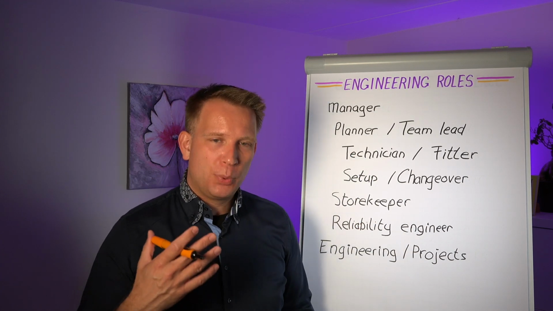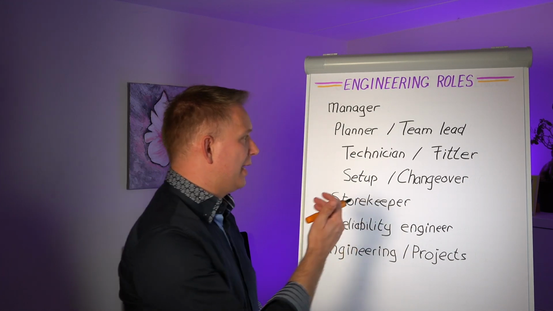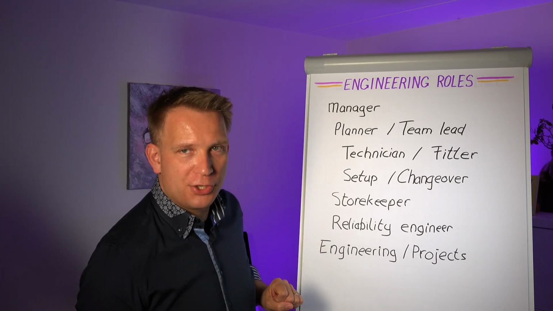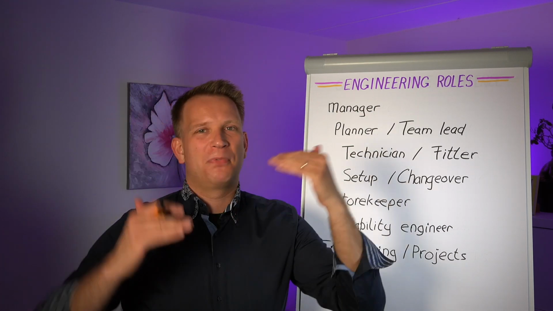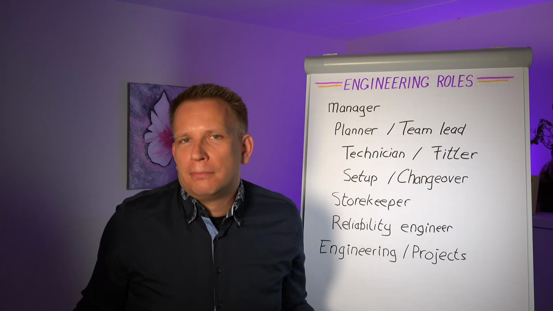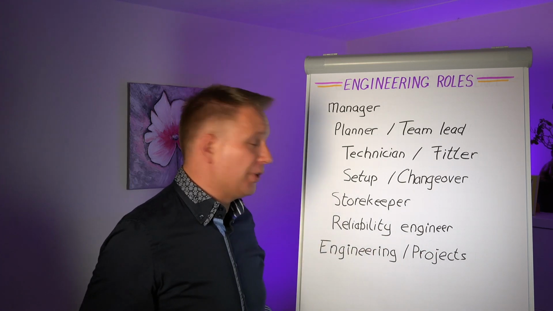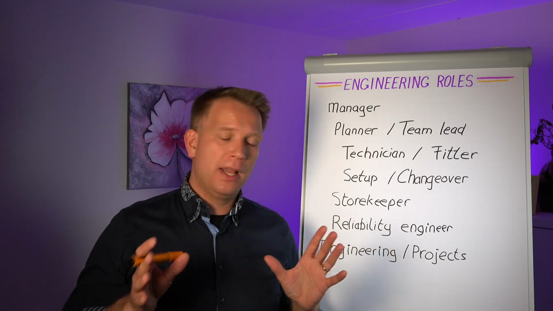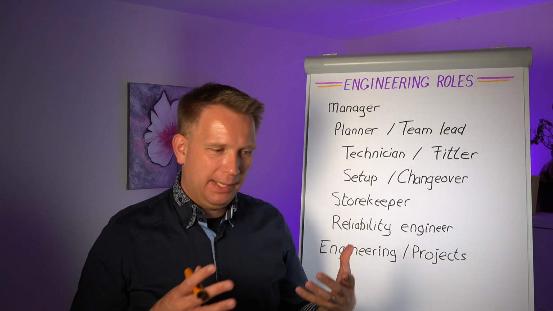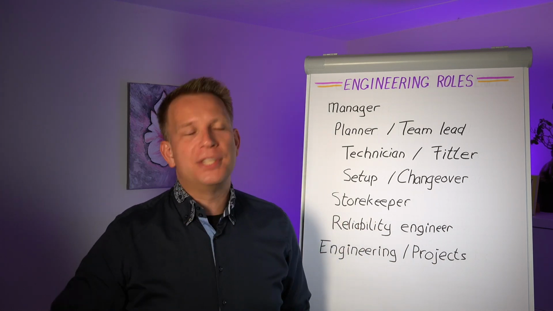But between reliability engineer, team lead, or specialist for engineering and projects, things go to and fro, right? So you may see that you do a couple of years in an engineering role where you're really on the introduction of new stuff, and then you go back to be a maintenance planner and just take care of the state of the machines.